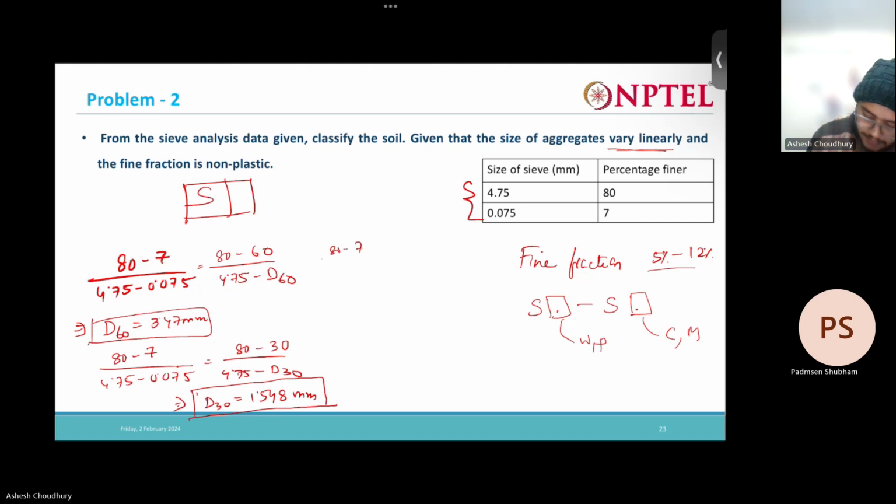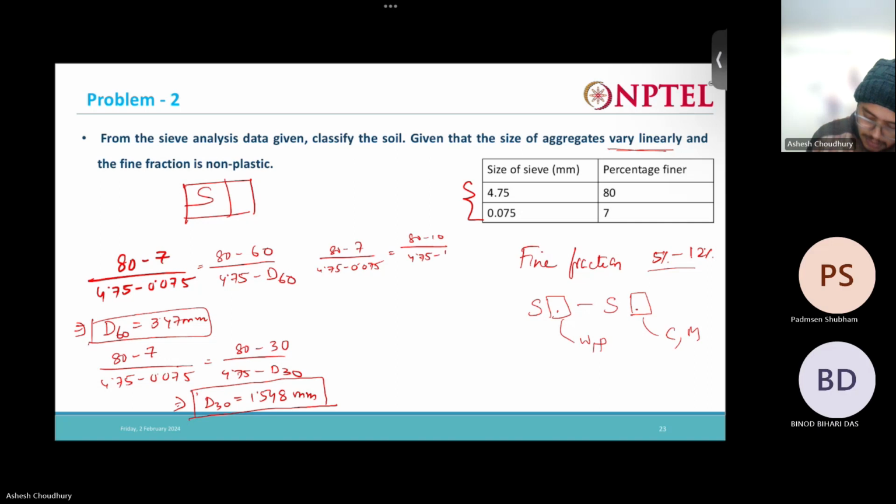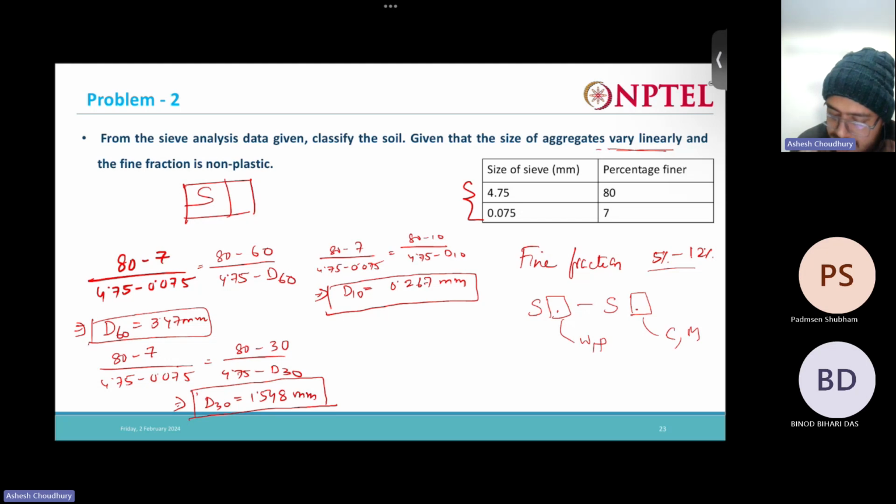Same way, we will get D10 as 0.267. Here it is given that the size varies linearly.